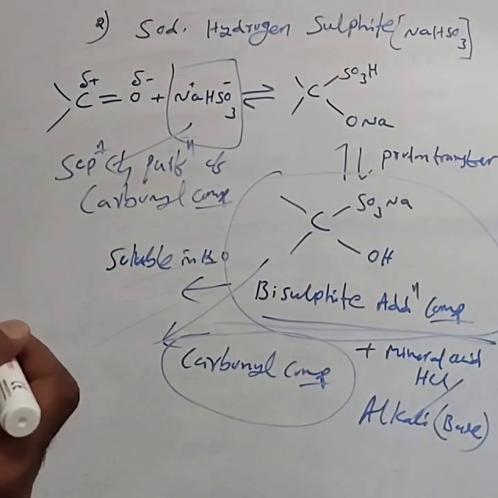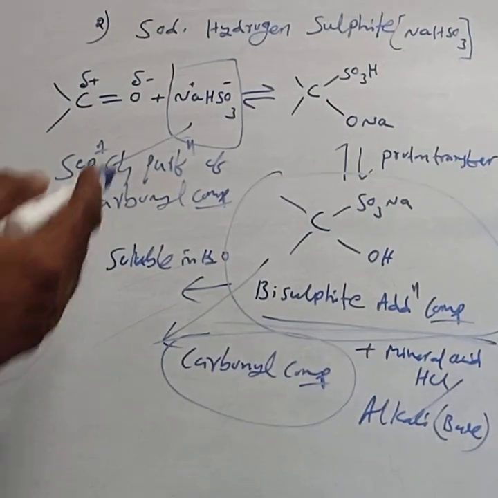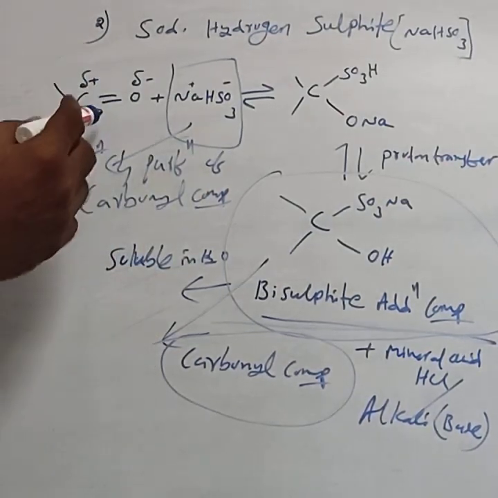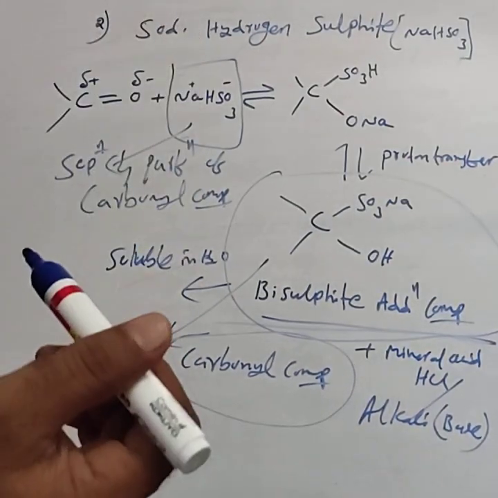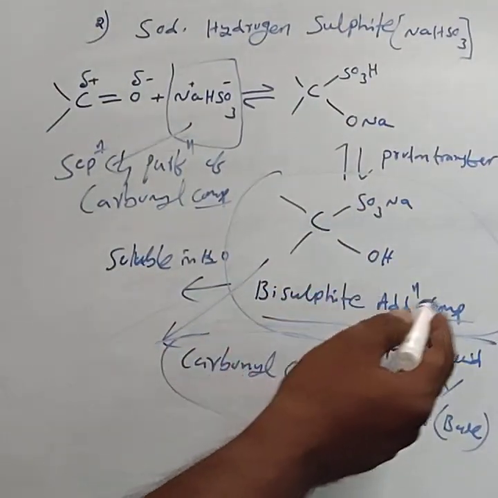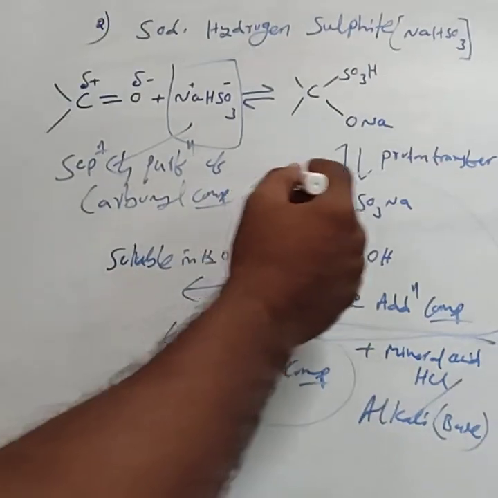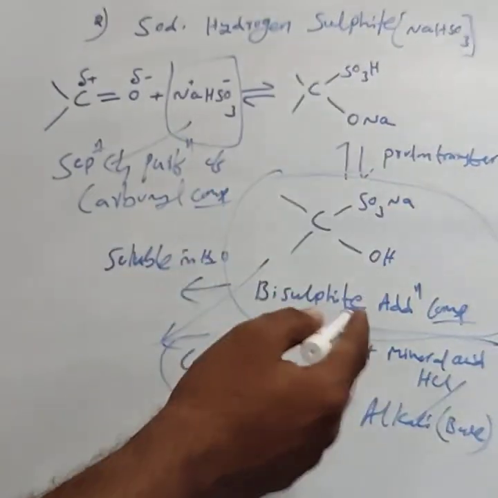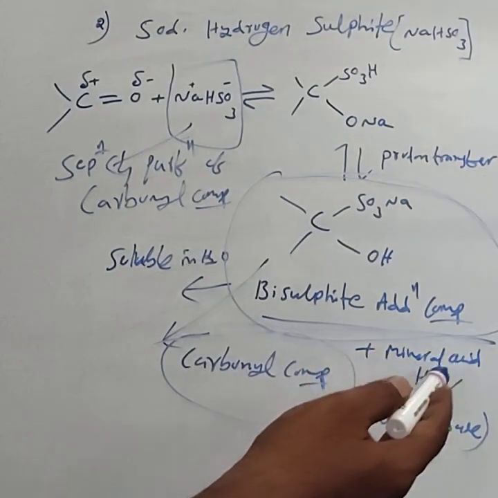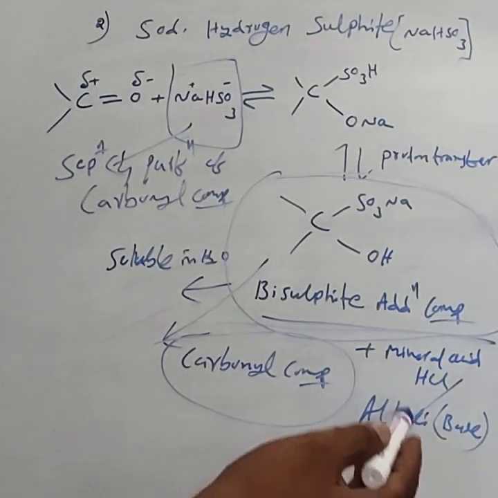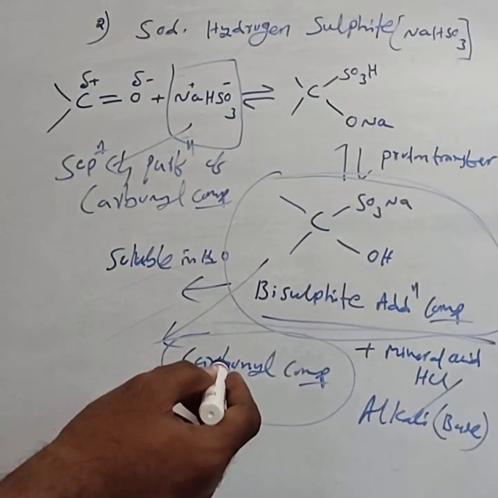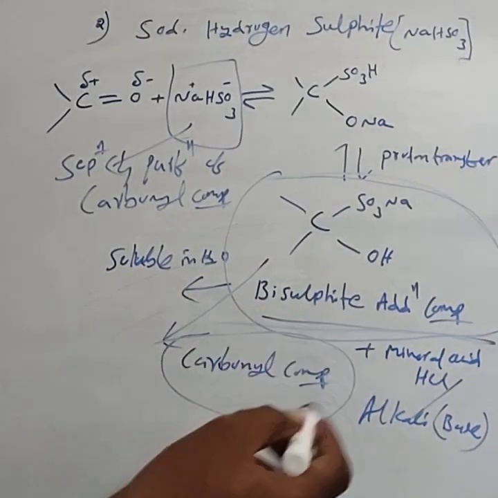Why is sodium hydrogen sulfite used for the purification of carbonyl compounds? Carbonyl compounds react with sodium hydrogen sulfite and form the bisulfite addition compound, which is treated with mineral acid or an alkali to regenerate the carbonyl compound.